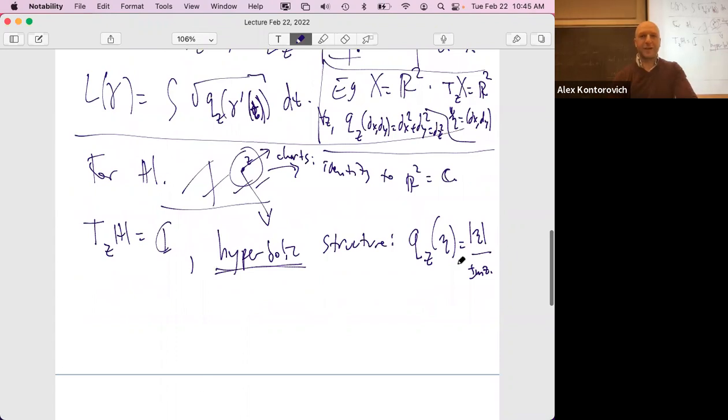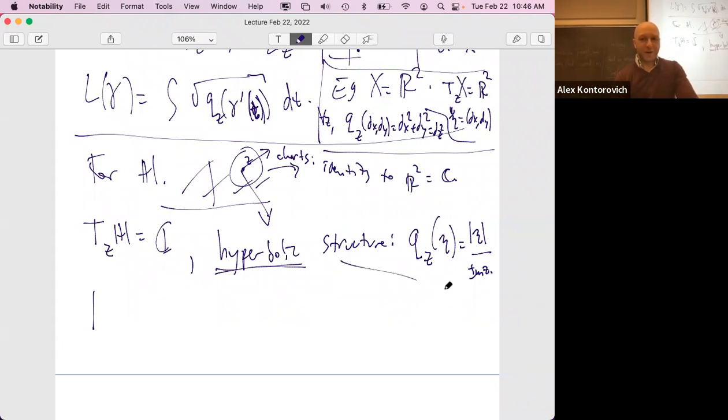Right. Okay, so just to be really concrete, well, I think this is already concrete. So this is how we're going to measure lengths, and then there's a very useful subspace here, which is the unit tangent bundle.